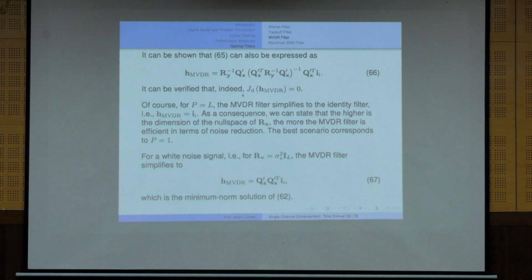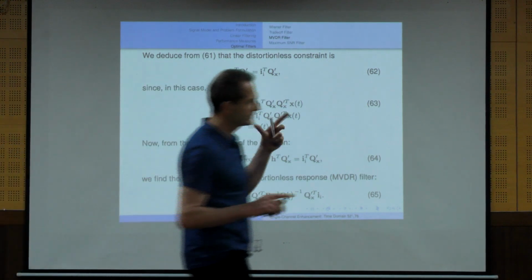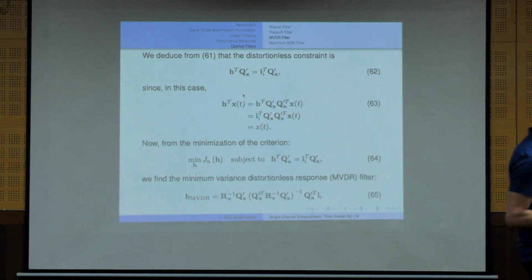So we see that the MVDR can also be expressed differently, which is very nice, because if we compare this solution, we see Q X. By the way, we assume that we know information. What kind of information do we know? Still here, we know Rx.